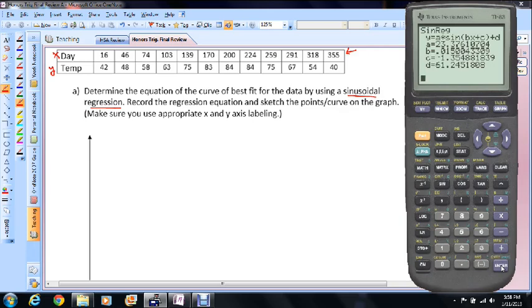Okay, great. So we have an equation of y equals 23.38 if we round, times the sine of 0.02x minus 1.35 plus 61.25. So let me go ahead and write that equation down.